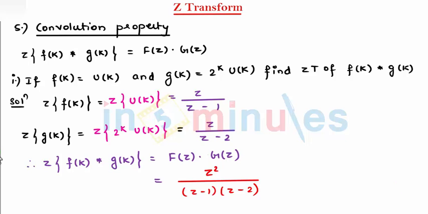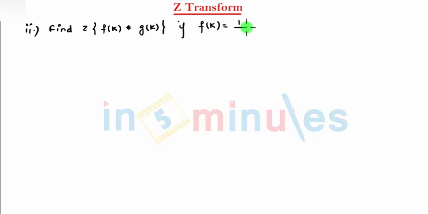The next sum is a second example on convolution. Find Z of f of k convolve with g of k, where f of k is equal to 1 divided by 3 raised to k, g of k is equal to 1 divided by 5 raised to k.